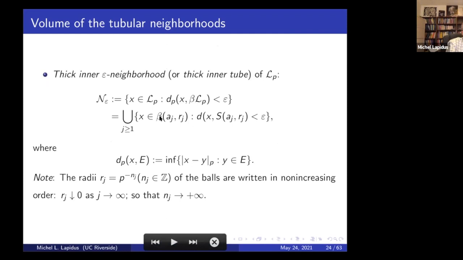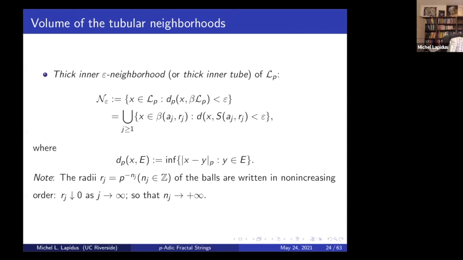The thick epsilon neighborhood of the metric boundary of the fractal string is the set of points in the p-Adic string L_p which are within a distance from the metric boundary less than epsilon. So it's the union of all these sets here.